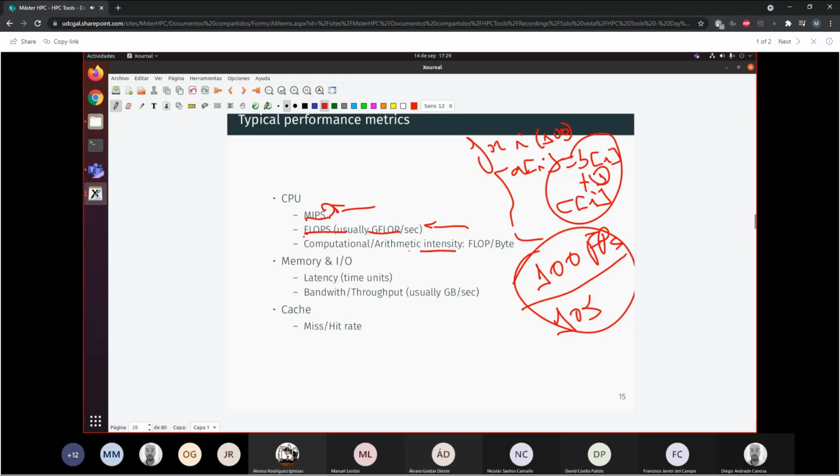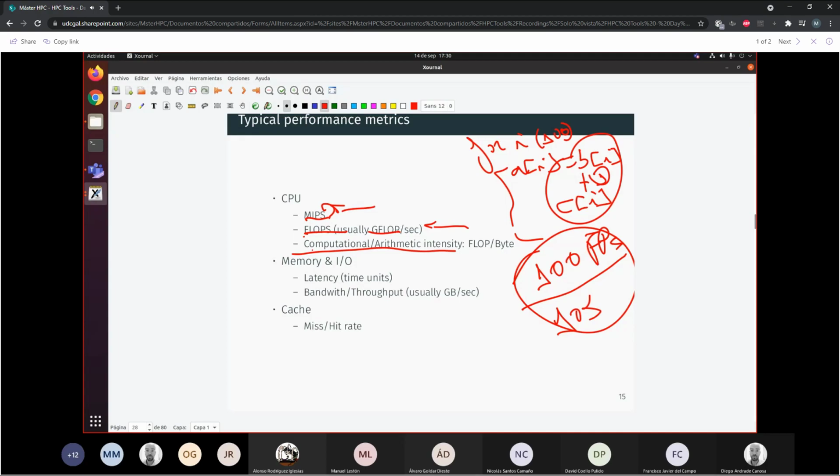So this application has a very low computational intensity, okay? Because it's 1, basically. However, when I have an application where I bring one piece of data, I make 10 or 12 operations on this data, and then that's the end of the computation, this is a high computational intensity, okay?